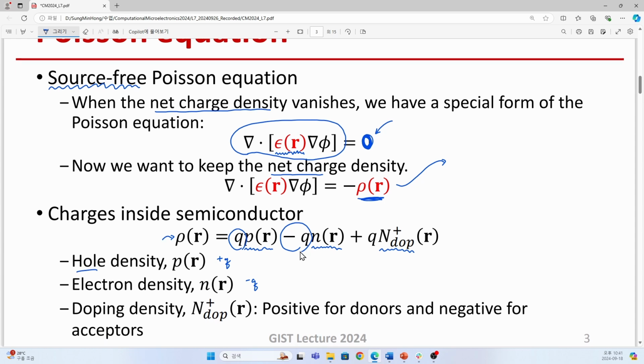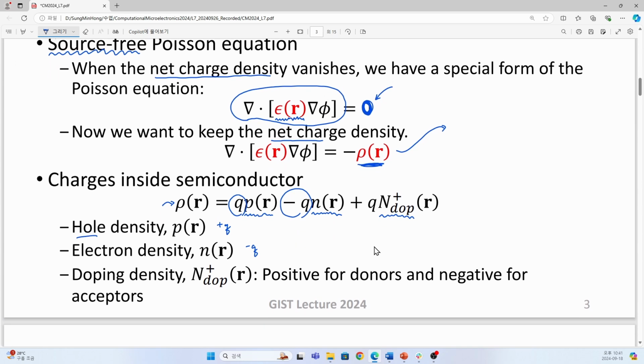And of course, depending on the polarity, donors will contribute positively, and ionized acceptors will contribute minus q. However, in order to keep it simple, we introduce a unified form, a positively referenced doping density. That is positive for donors and negative for acceptors.